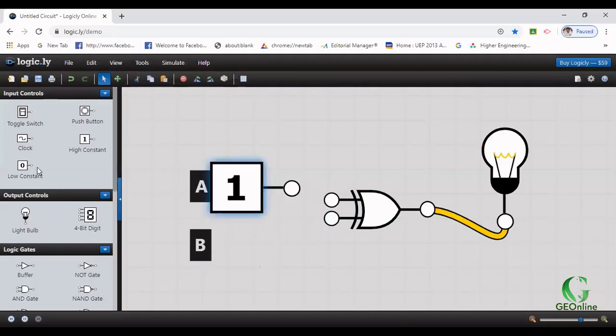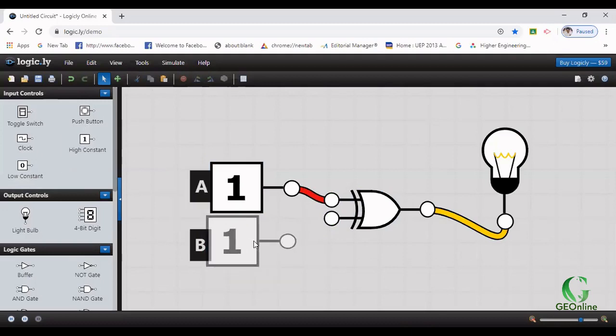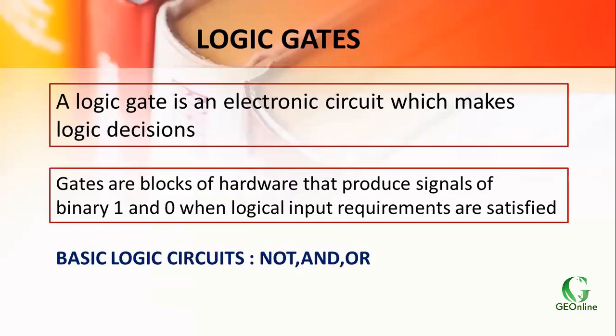See the reverse case. Output is high. When both the inputs are high, the output of XOR gate is low. So this is all about logic gates.